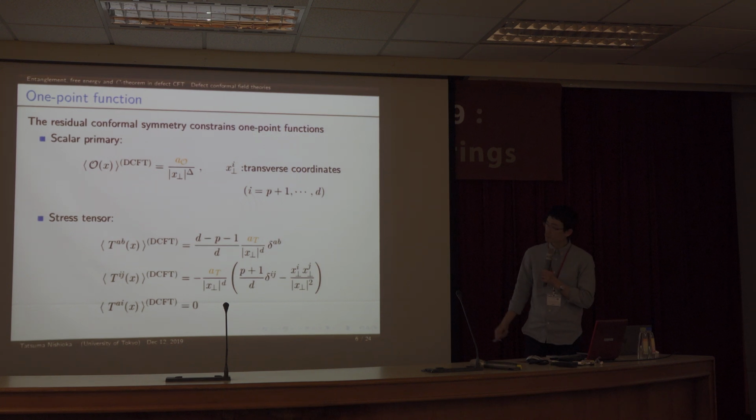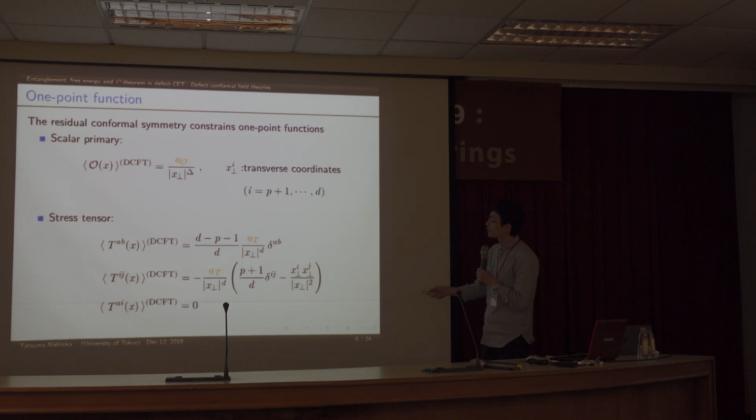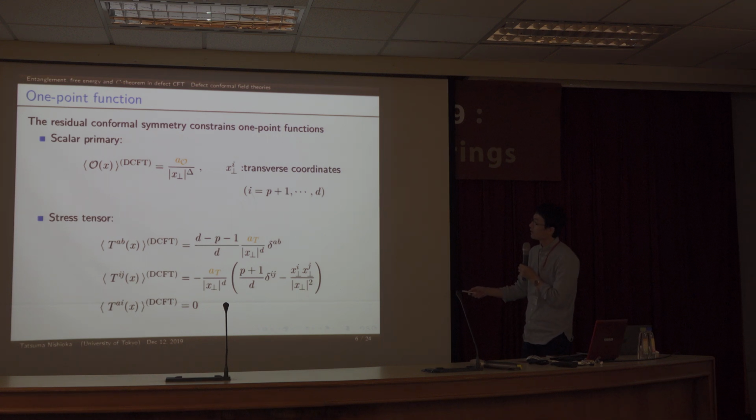Similarly, let's move on to the stress tensor. The stress tensor is also completely fixed just by using conformal symmetry. There is only one constant, A_T. This constant depends on the type of defect and also on the bulk theory.